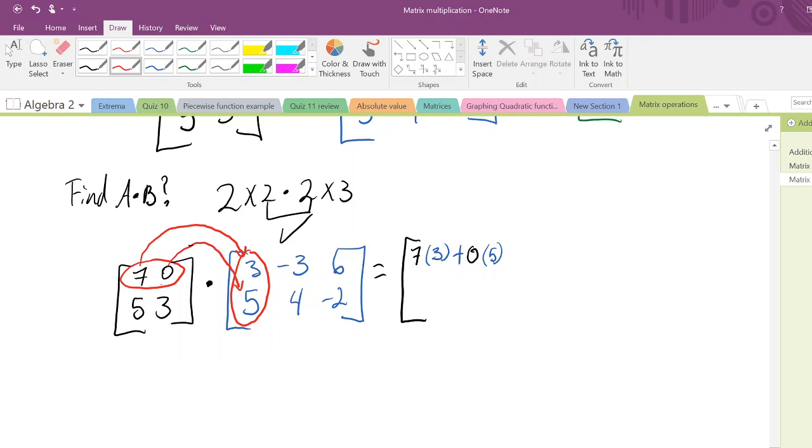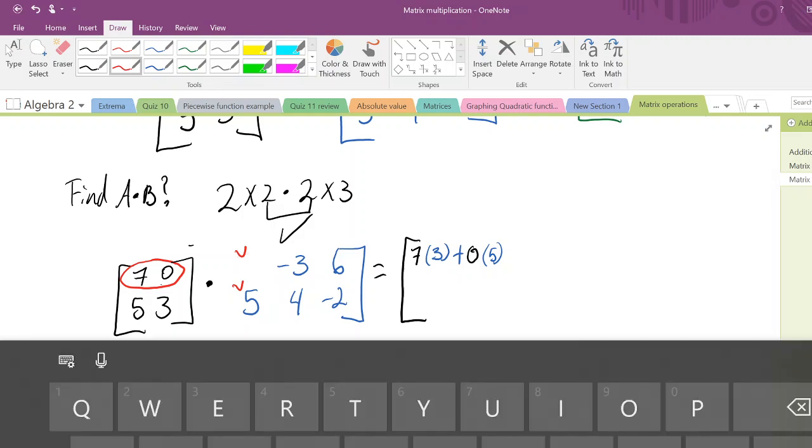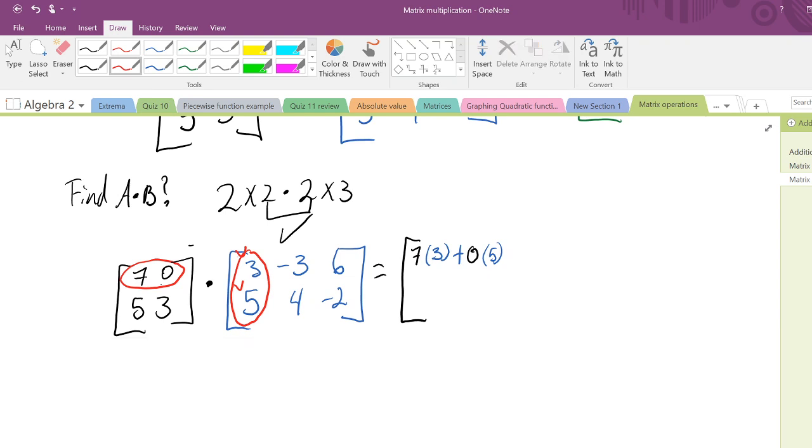That gave me the first entry. Now I'm going to have to do this every single time. So I'm going to get rid of this, that, and that.